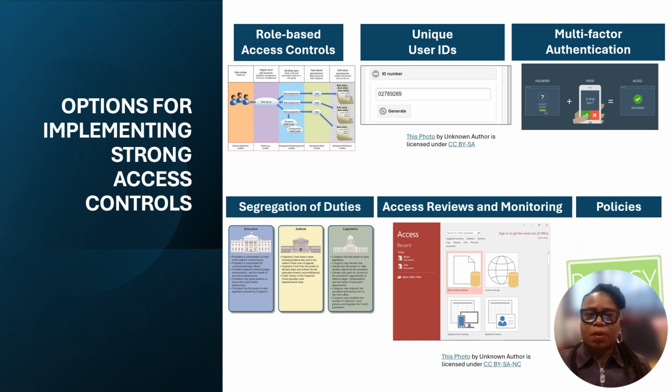And then also having documented policies and procedures around access controls. So understanding, identifying users, understanding their activities, controlling their access, and then identifying any authentication requirements should be a part of the policies and procedures.